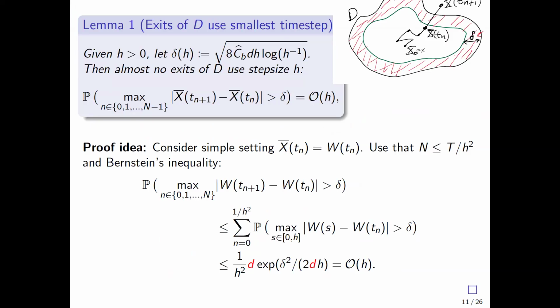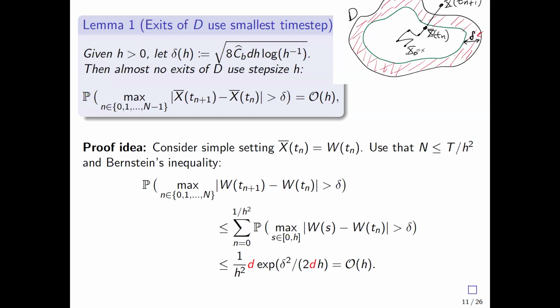So here is the key idea. You should pick it such that your numerical solutions have almost no probability of exiting directly without entering into the critical region before exiting.